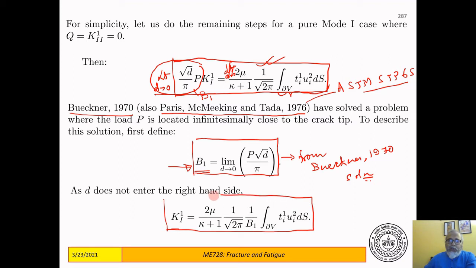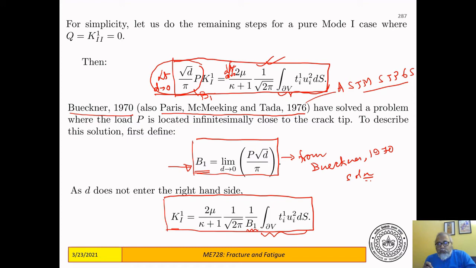So basically we have to solve this integral, know b1, and then we have the solution to k11, which is what we want to find.